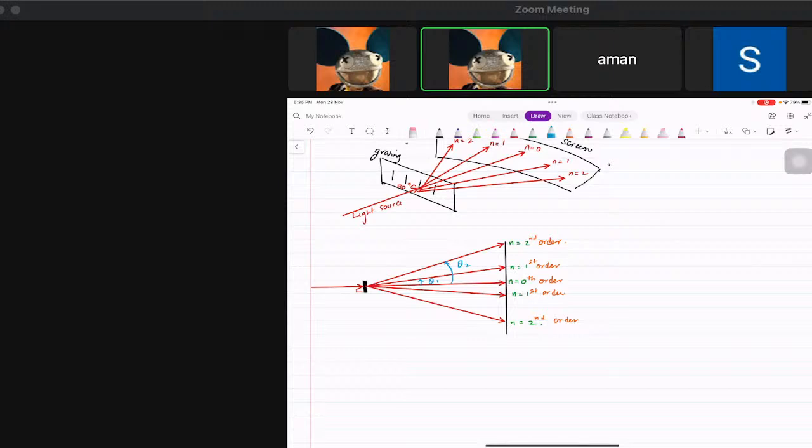So I'm just putting a note here that is very important. You should write that this angle is always measured to any order from the 0th order.